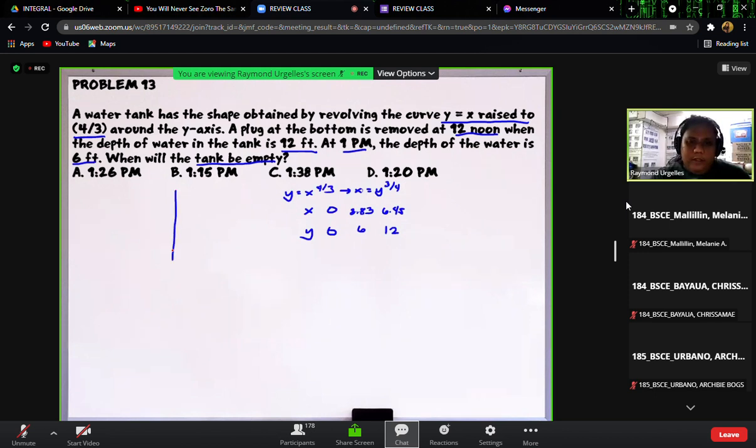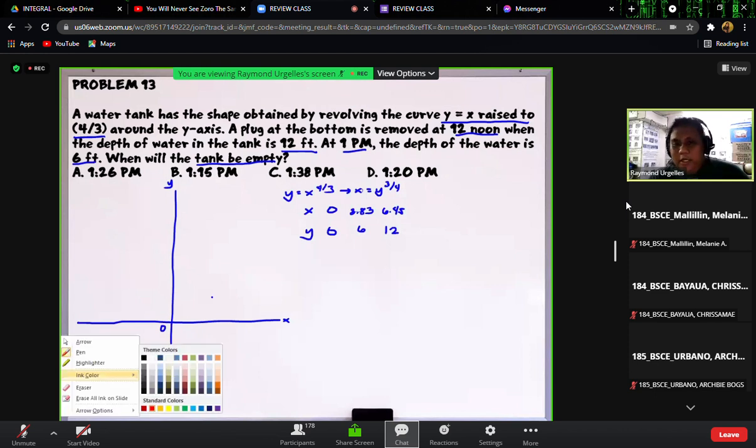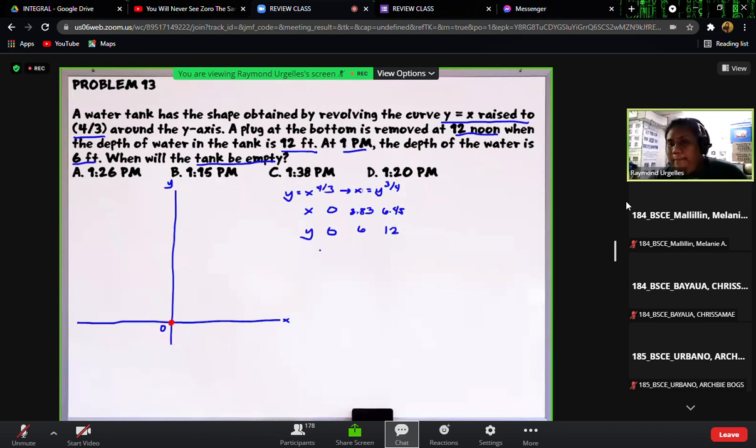When we draw that, we have the x-axis and the y-axis. Let's consider the points. Let's say this is the origin, then 3.83 at 6, let's say this is 6 and this is 12.